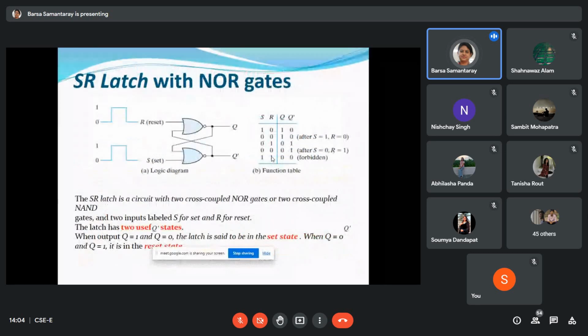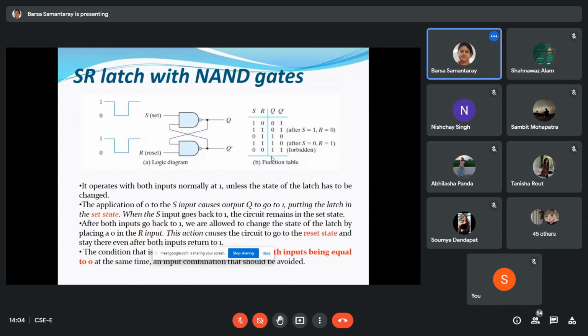Can you tell me, have you understood this latch with NOR gates and latch with NAND gates? Soumya, have you understood this function table? No, ma'am.